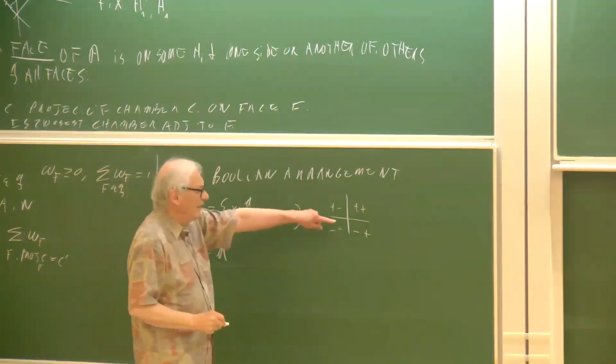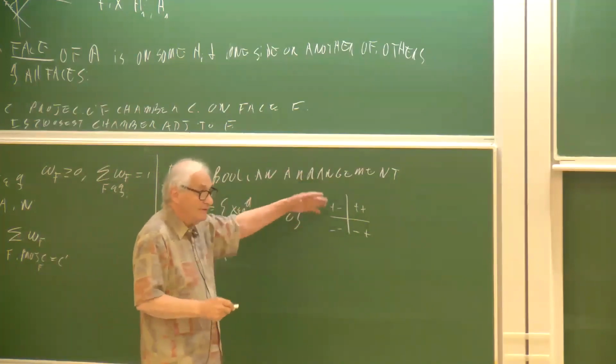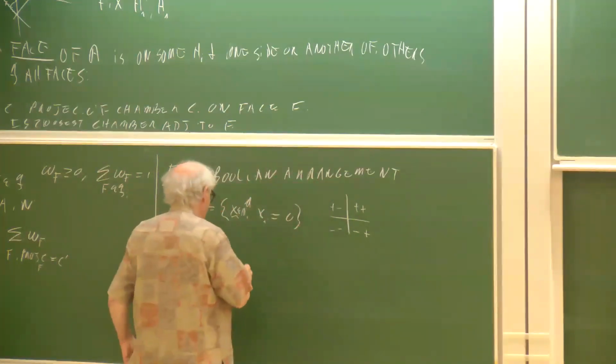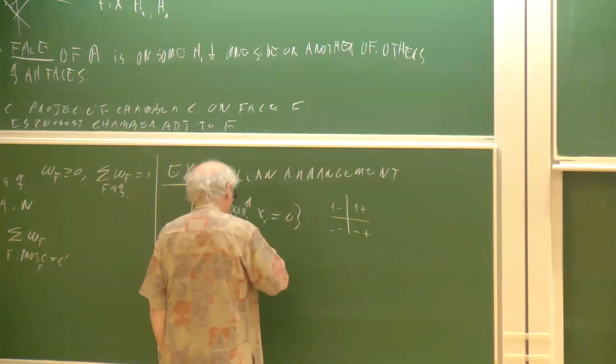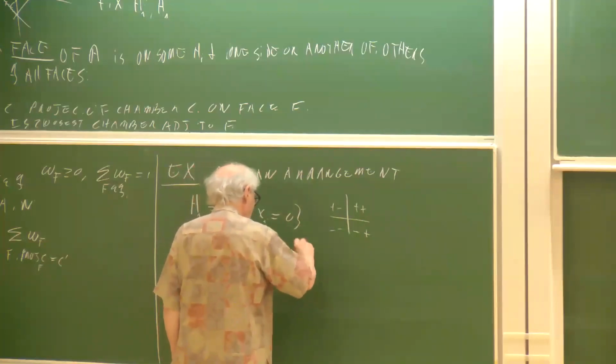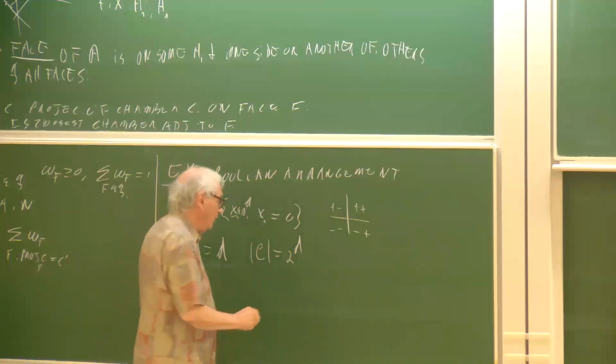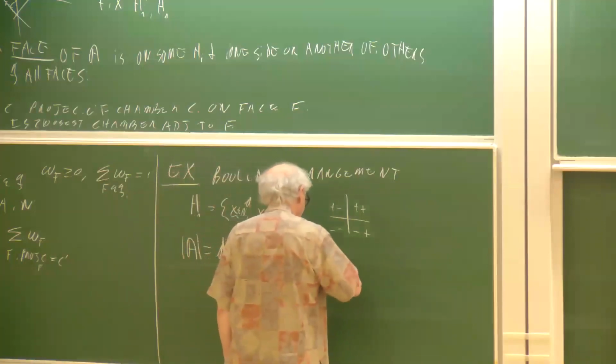How many chambers are there? Well, it's the coordinate orthants, the number of chambers is 2 to the D, of course. And how many faces are there?